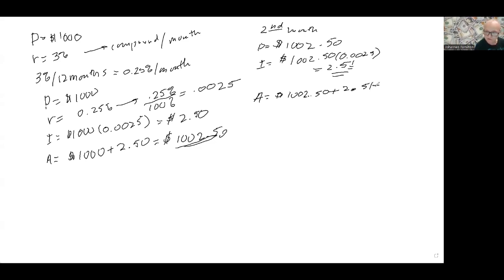So we add those up and we get a new total, after our second month, of $1,005.01. So this is how much we will have at the end of our second month. And we can continue this process through many, many months later.